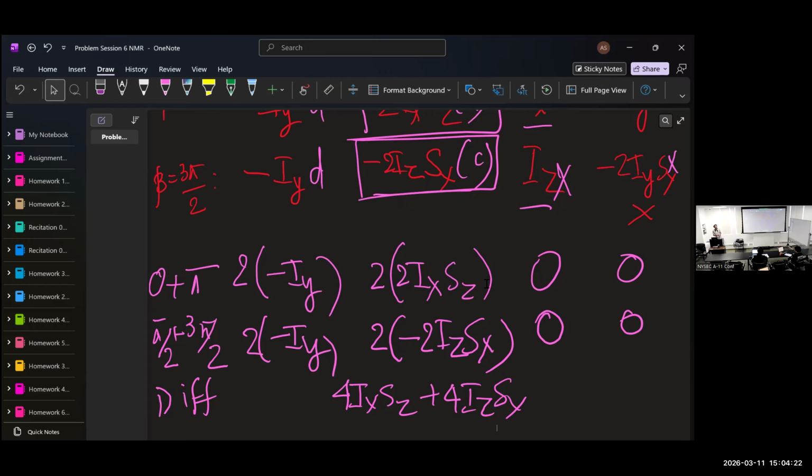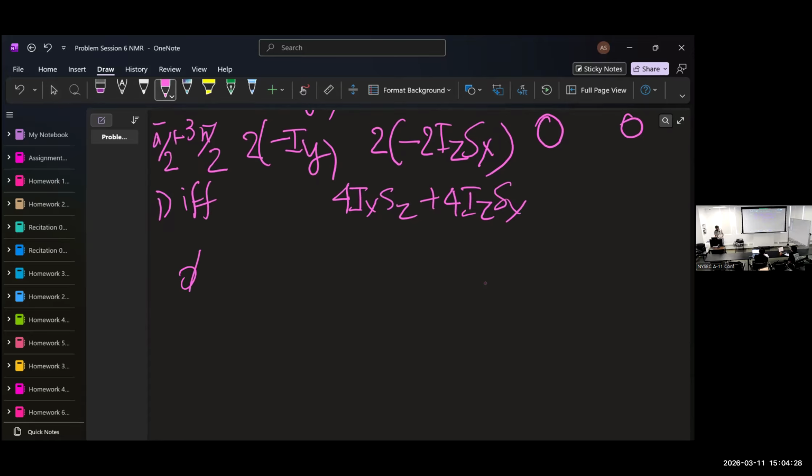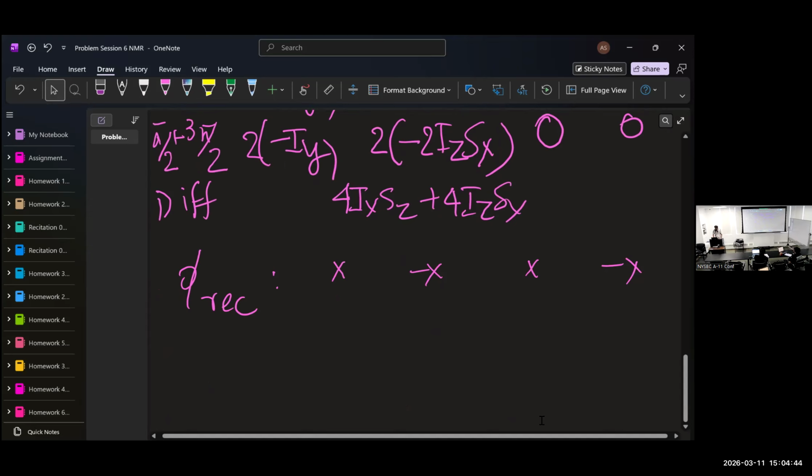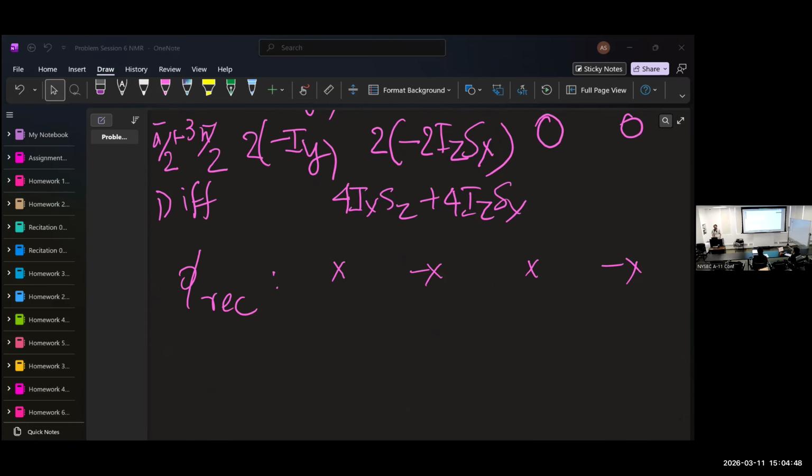X, minus X. Experiments 1 and 3 are both positive, and 2 and 4 are subtracted: +1, -1, +1, -1. Broken out, that would be 0, 2, 0, 2. That is the receiver phase cycle. We want to do this experiment by varying the pulse length.